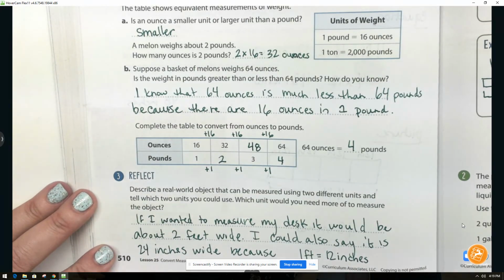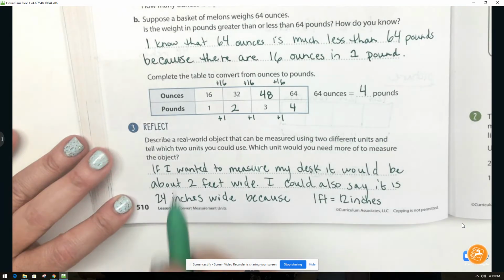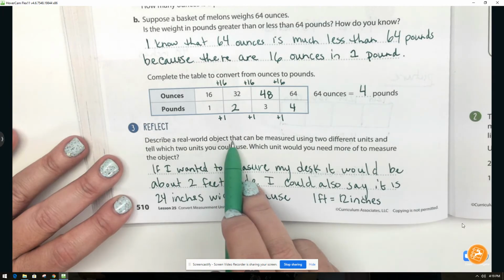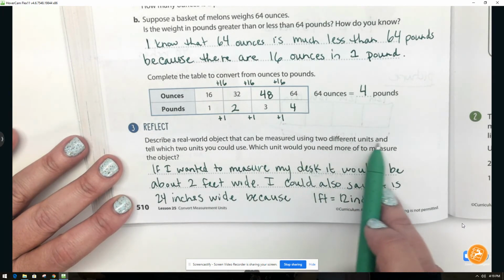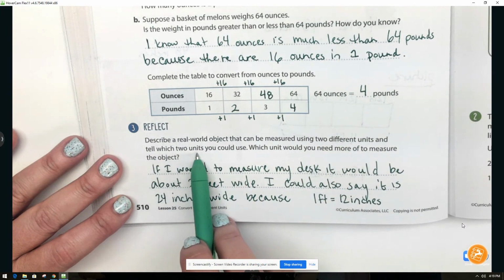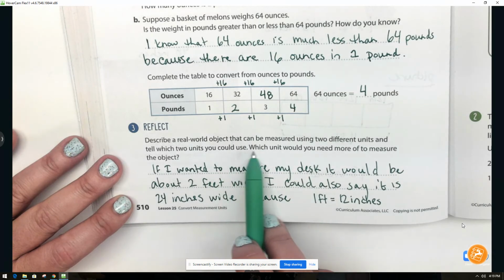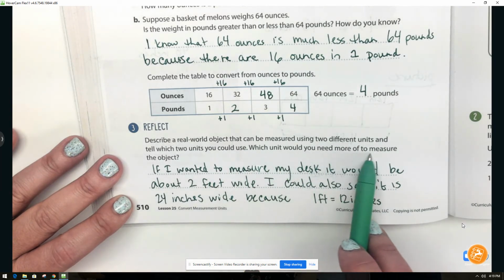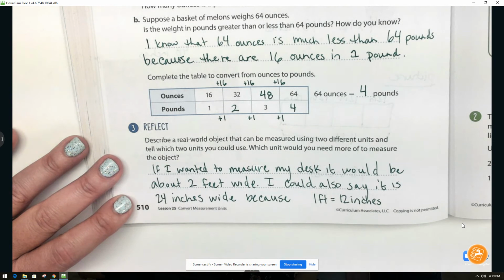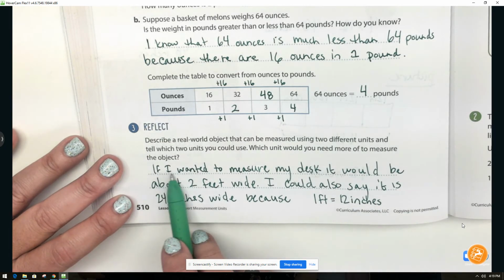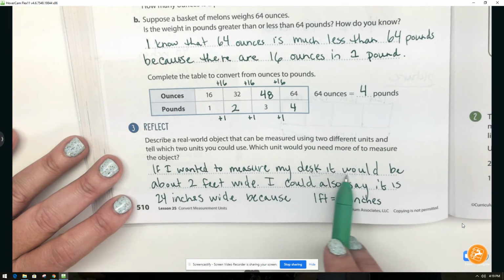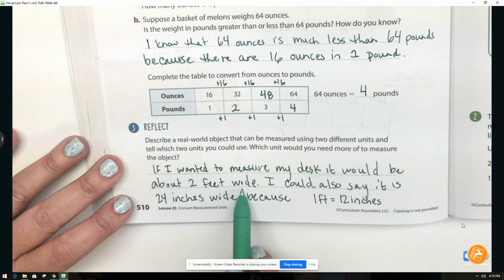Now for the reflection piece, it says this. Describe a real-world object that can be measured using 2 different units and tell which 2 units you could use. Which unit would you need more of to measure the object? If I wanted to measure my desk, it would be about 2 feet wide.